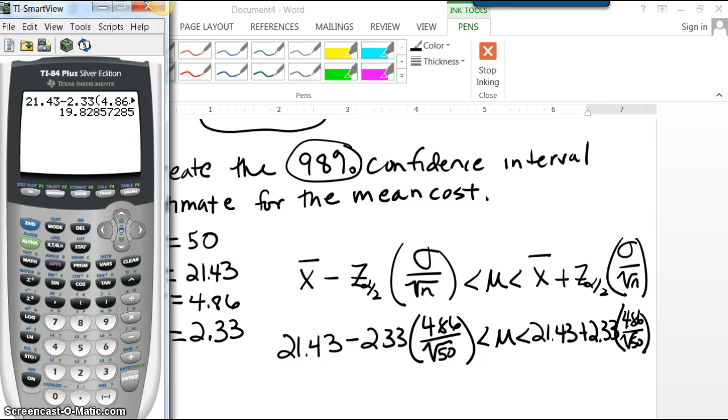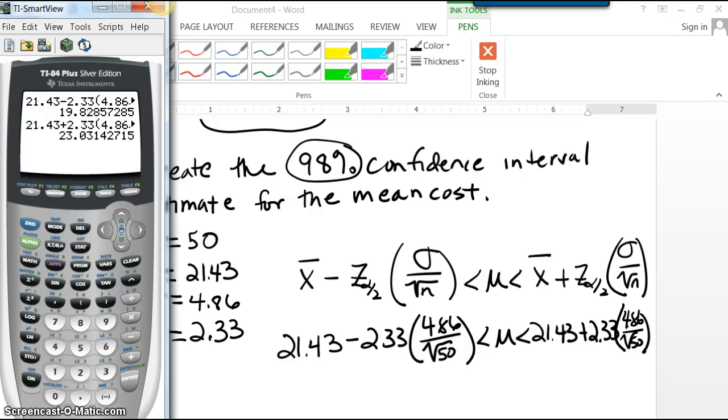The left-hand side looks like 19.8. I'm going to call it 83 cents. And then we'll do the right-hand side. And I'm getting $23.03.